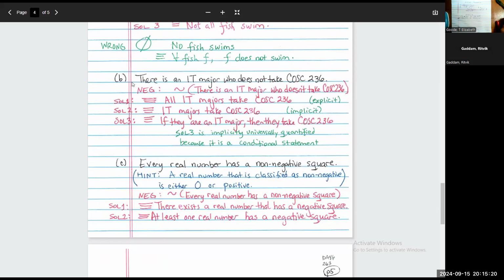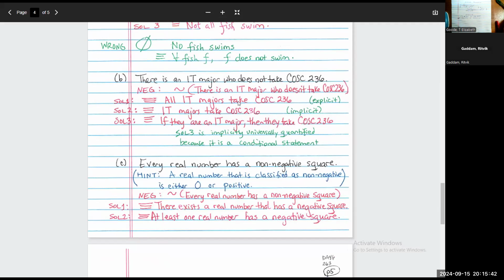Here's the second example. There is an IT major who does not take COSC 236. So when we negate there is, it becomes a for all. And then we negate the predicate. Here the predicate is the IT major does not take COSC 236.